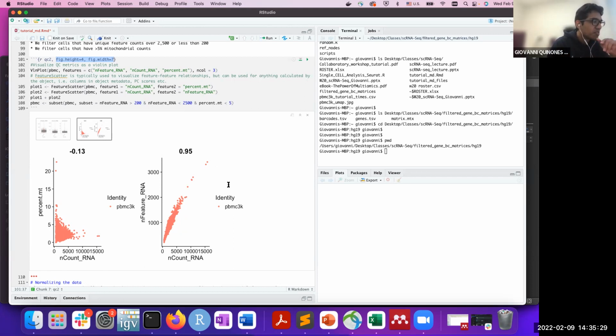In this particular tutorial, we're not going to use RNA count as a metric, but in other data sets, if you have particular cells with too few or too many RNAs, you can also set up some threshold to get rid of them.